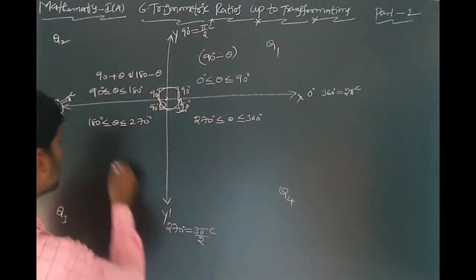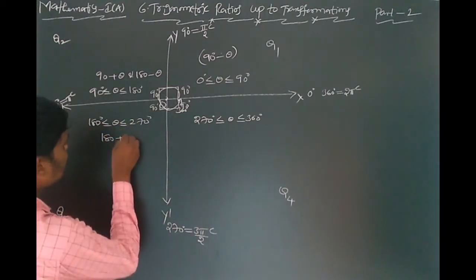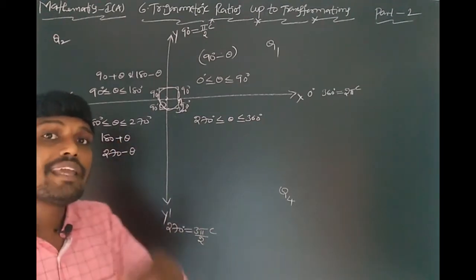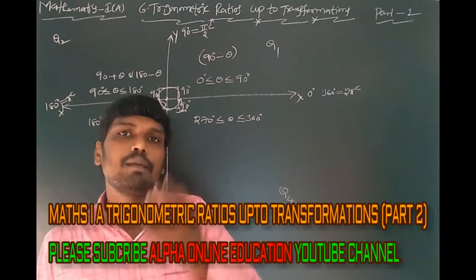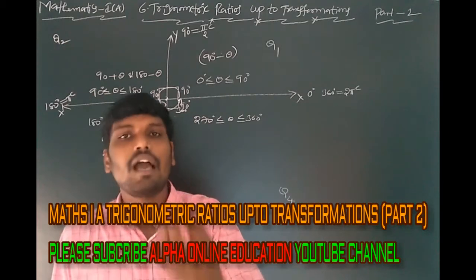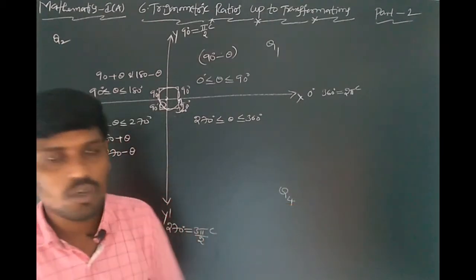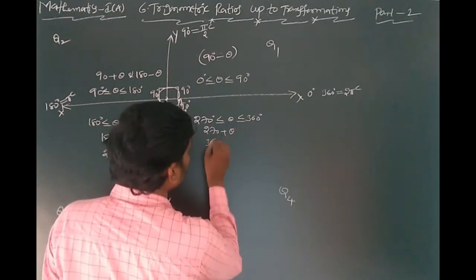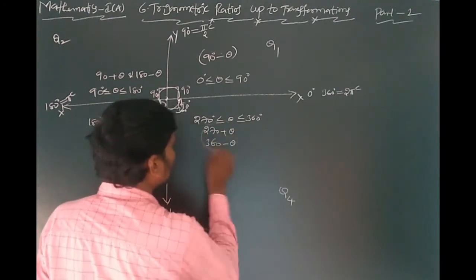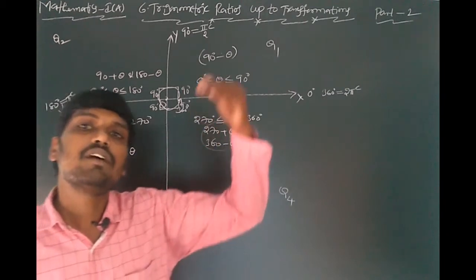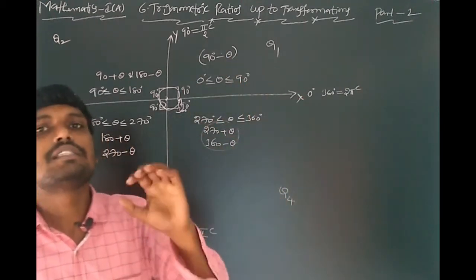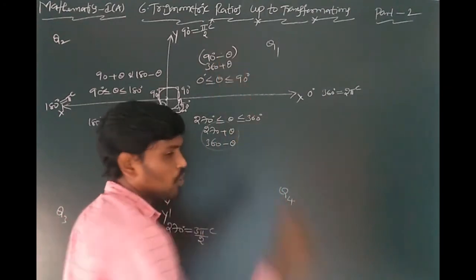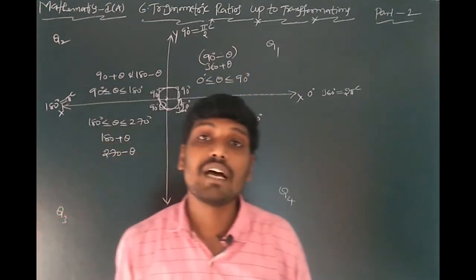In the third quadrant, we have 180 plus theta and 270 minus theta. These angles belong to the third quadrant. Next, 270 plus theta and 360 minus theta lie in the fourth quadrant. Similarly, 360 plus theta lies in the first quadrant.